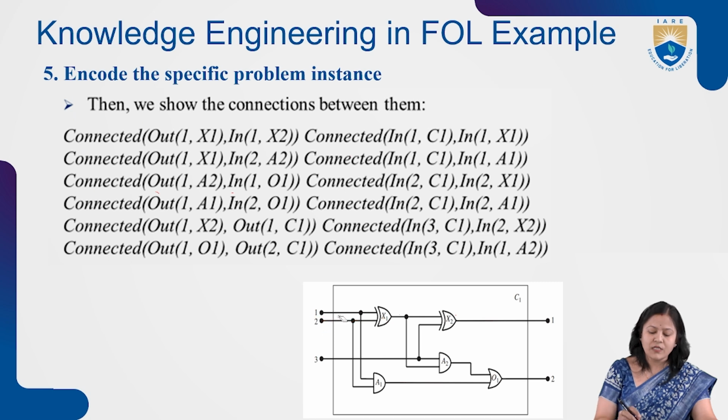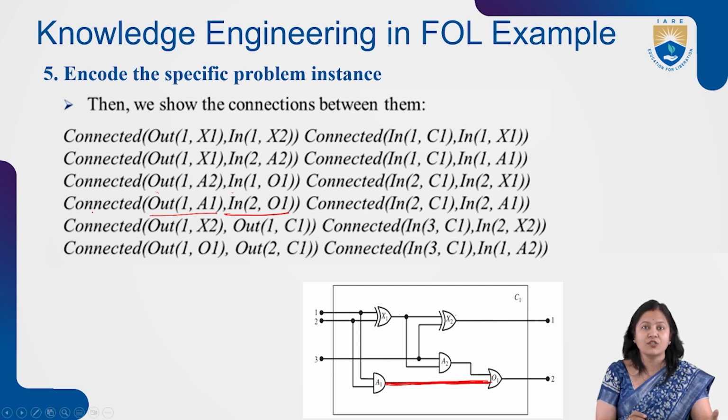Then in the fourth statement, it is given that the first output of A1, this is A1, so this is the first output of A1, is connected to the second input of O1. Both are connected, so we have to define this using the connected function.